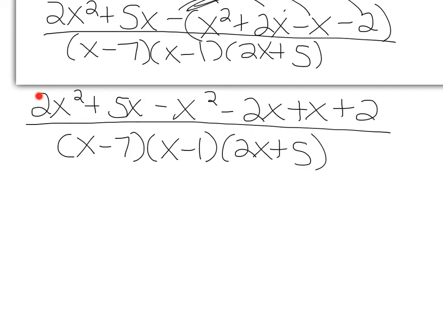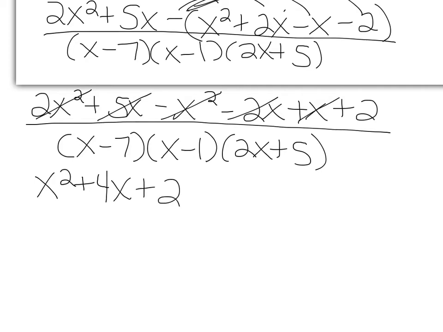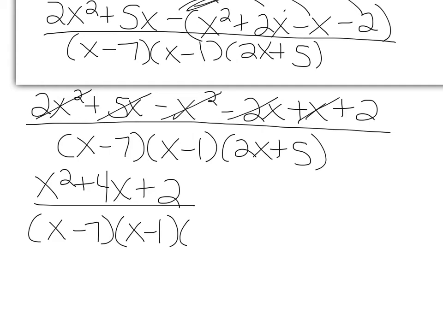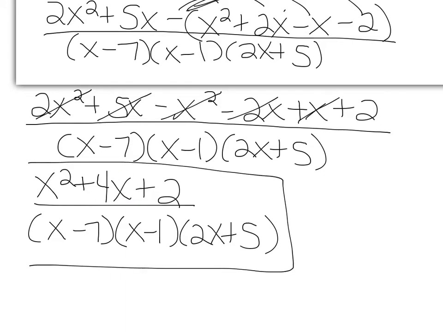So combine like terms. 2x squared minus x squared is just x squared. 5x minus 2x plus x is 4x. So plus 4x, cross those out, and then plus 2. And then you have x minus 7 times x minus 1 times 2x plus 5. There are no factors of 2 that will give me 4, so that is your final answer.